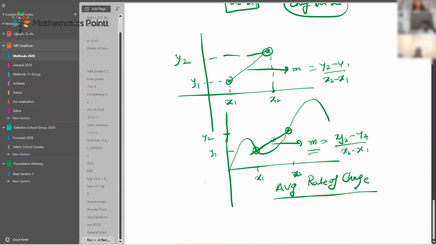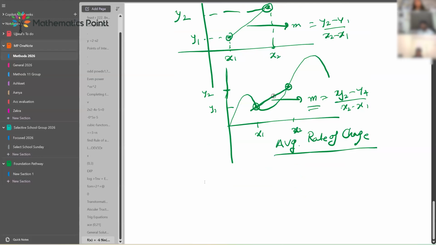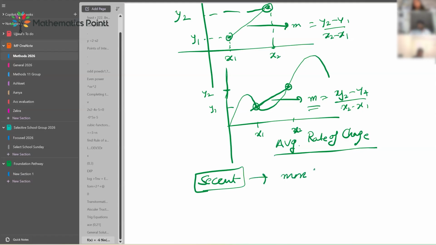A very important terminology that needs to be understood here is, in geometry, there's a word called secant. Secant is a line which cuts the curve at more than 1 point. And there's also something called tangent.